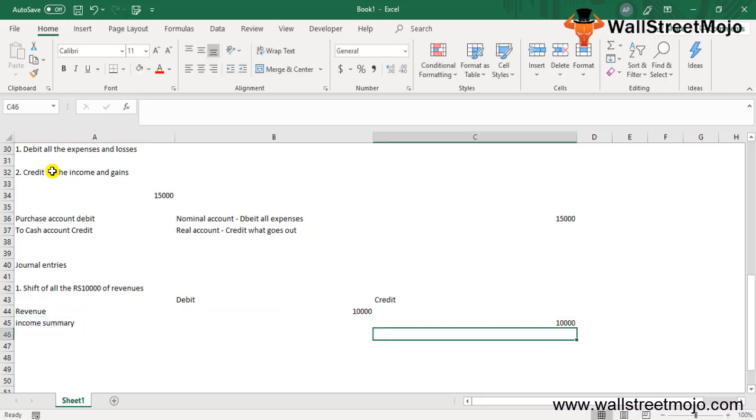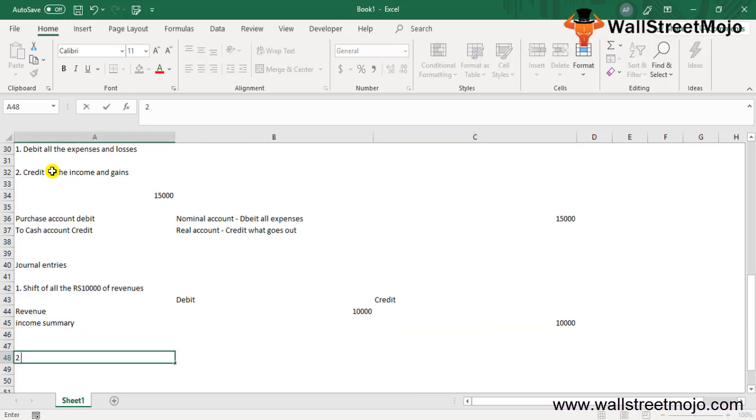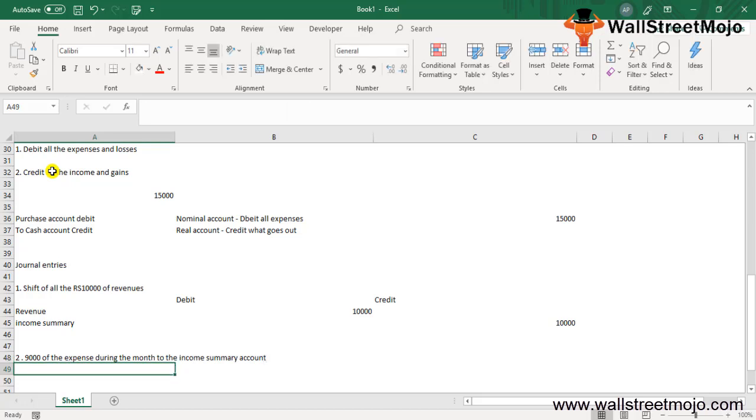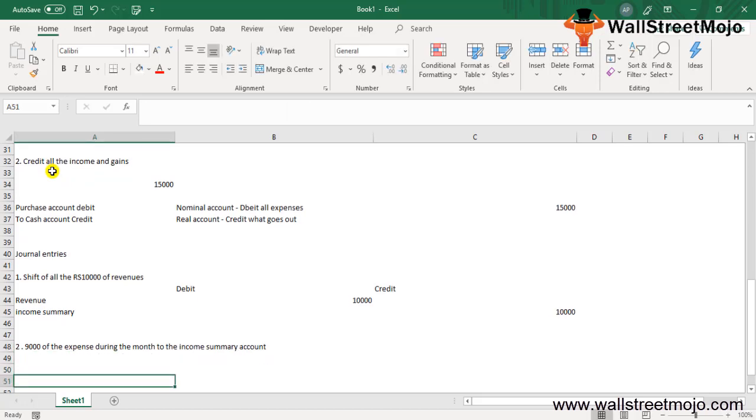Second, let's say you shift all the 9,000 of expenses during the month to the income summary account. There is assumed to be just one expense account.